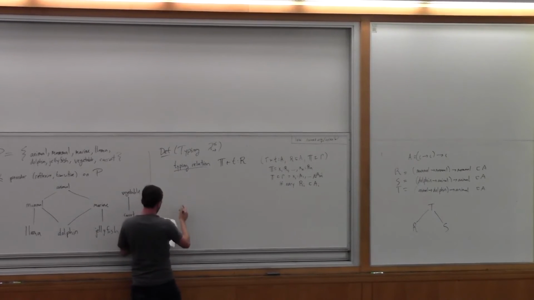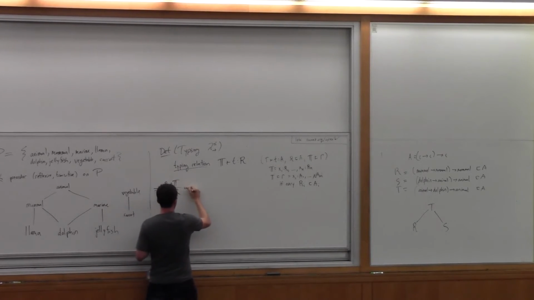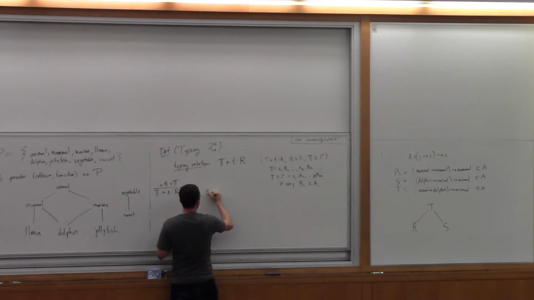So the typing relation is again going to be defined inductively. I'm going to give you 4 rules. In a context pi, X has type R if X R is an assumption. Then these rules are going to look very familiar, most of them.